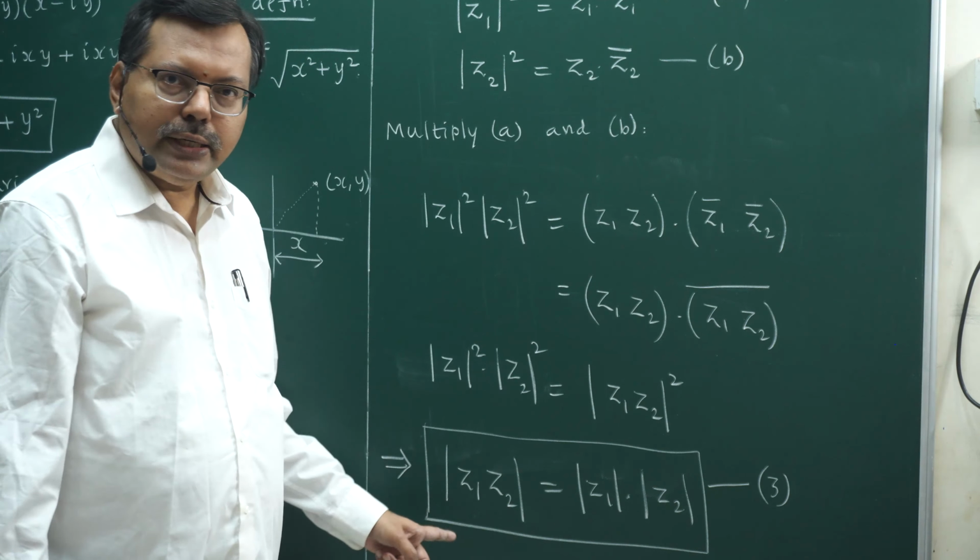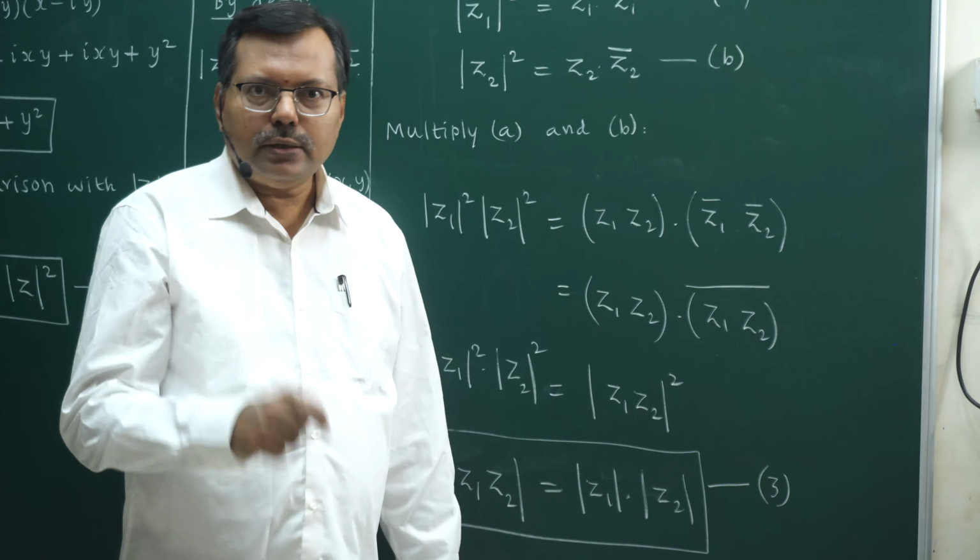That means modulus is for the first fellow also, modulus is used for the second fellow also. That means modulus is distributed to everybody. If there are 4 complex numbers here, to all the 4 the modulus will be distributed. Therefore we say that the modulus function, complex modulus, is distributive provided multiplication is there. It's a very important concept.